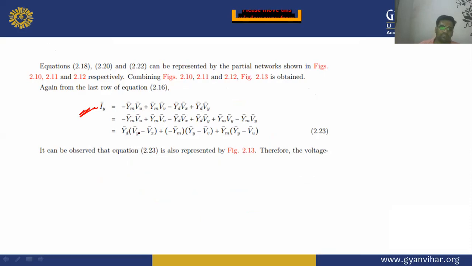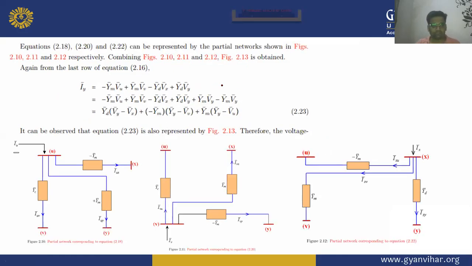Now Iy has also been calculated and shown over here as the equation number in figure 2.13. So this is a figure for Iv, Iu, Ix and Iy. Okay, now let's see these one by one. Now let's see this figure 2.10.